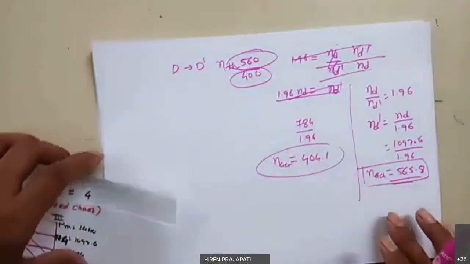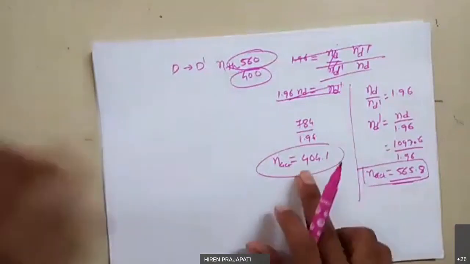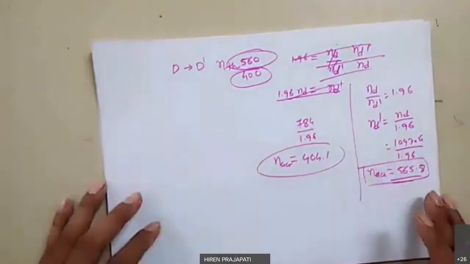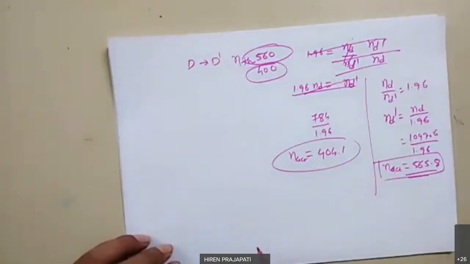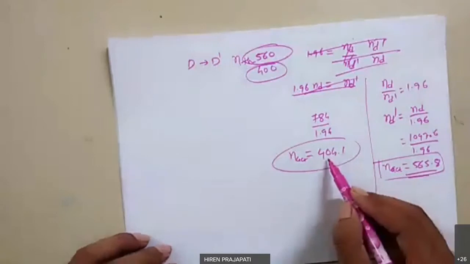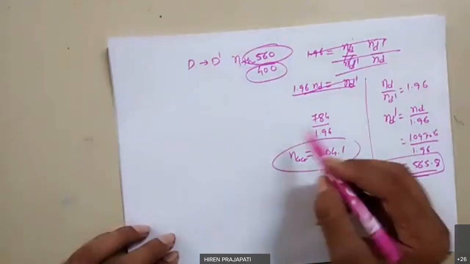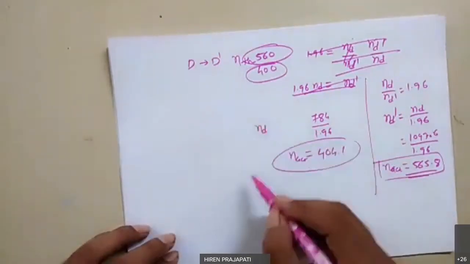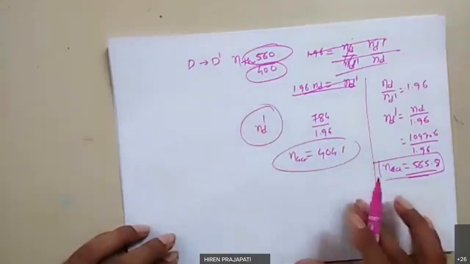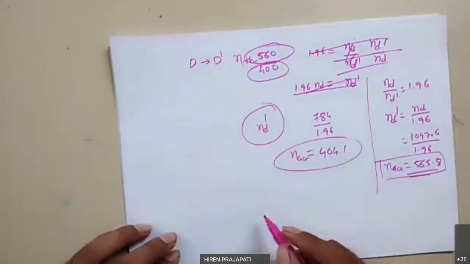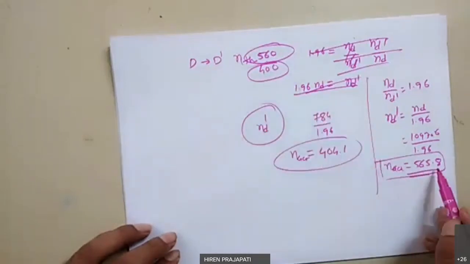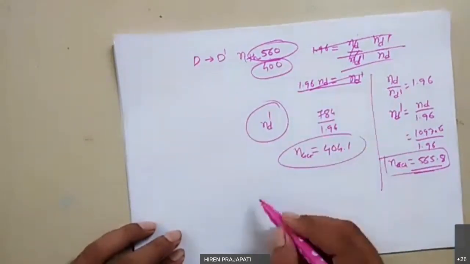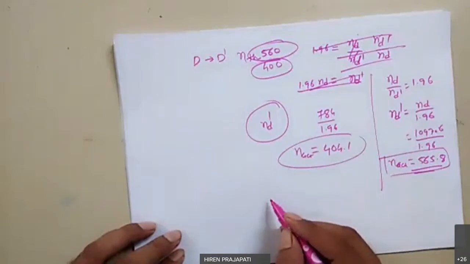So let us check whether this variation is acceptable or not. See, we are getting variation only in the nd dash speed, right? Instead of 560, we are getting 565.8. So what is the condition?